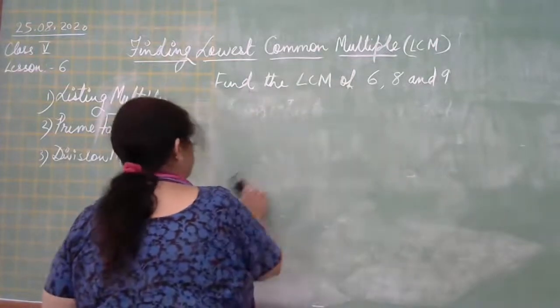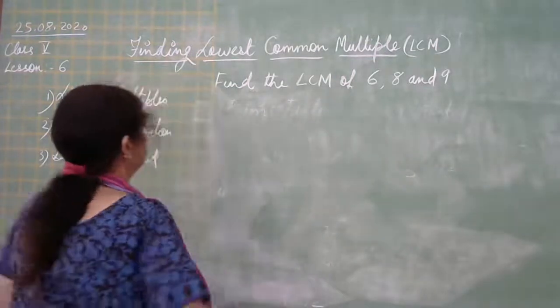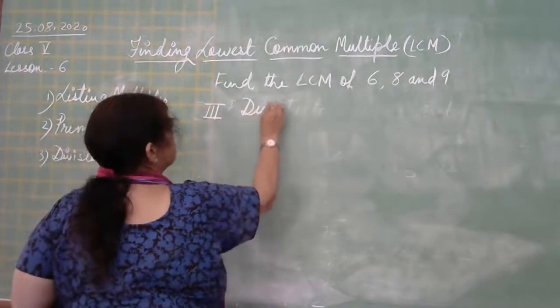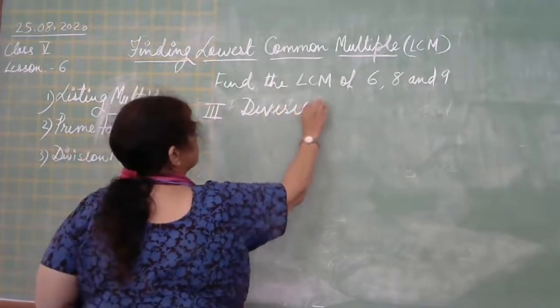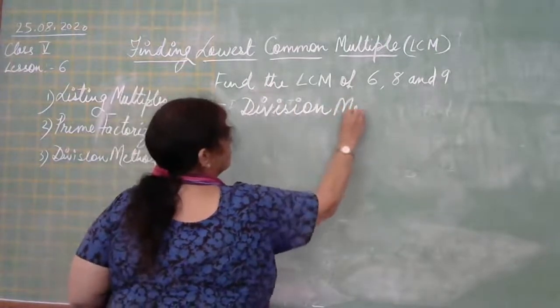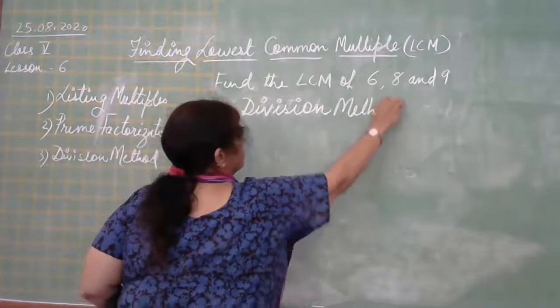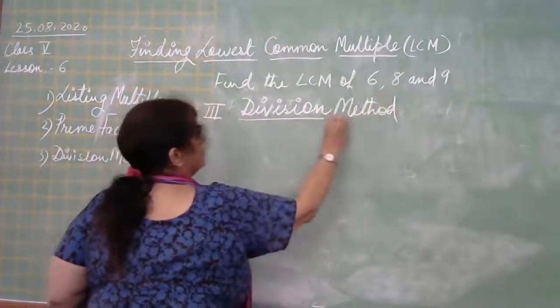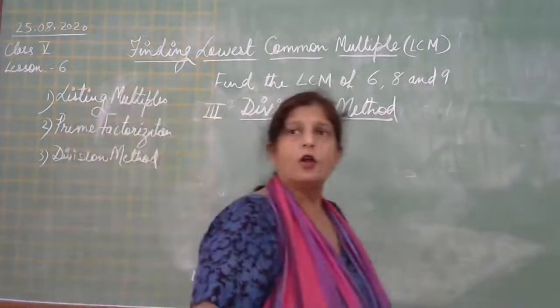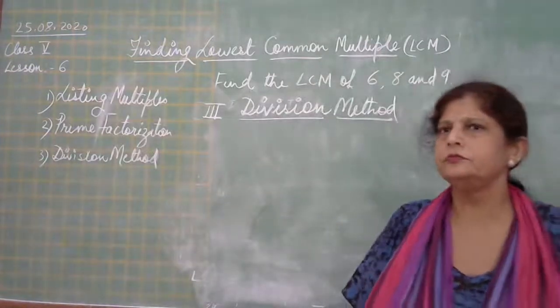So children, now we will find lowest common multiple using division method. Right, children? Now, what is division method?